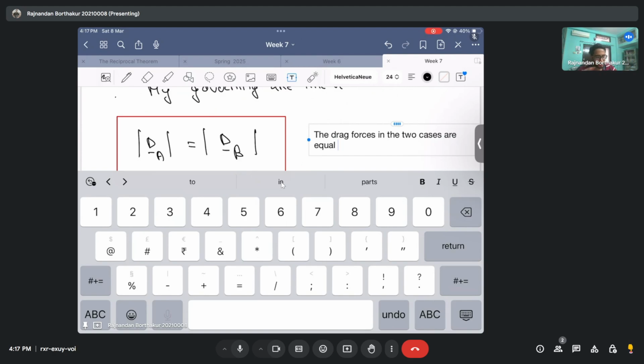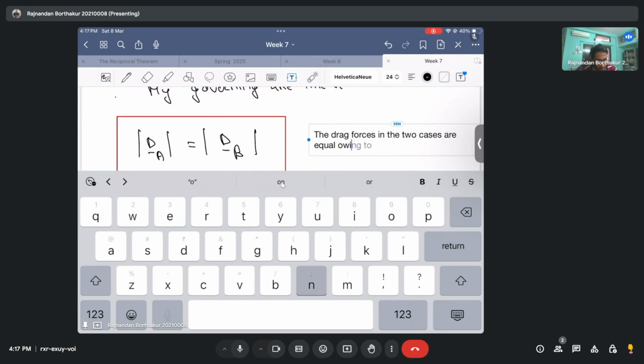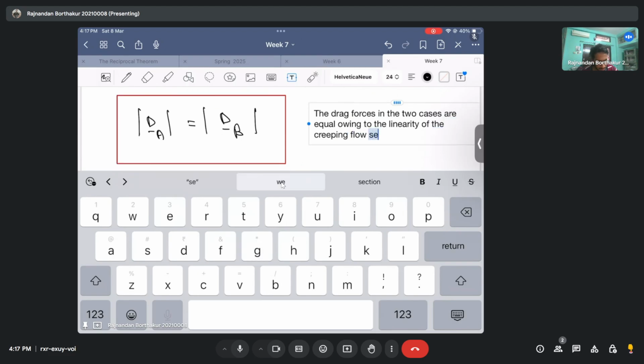Okay, so the drag forces are equal, owing to the linearity of the creeping flow equations.